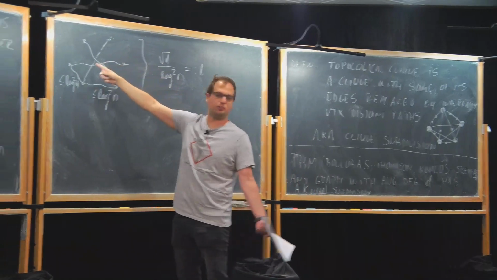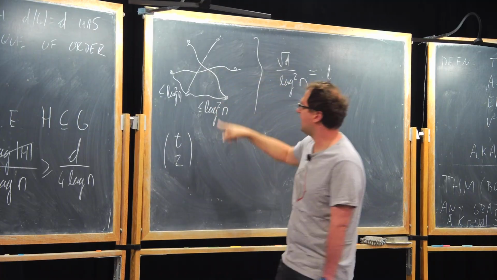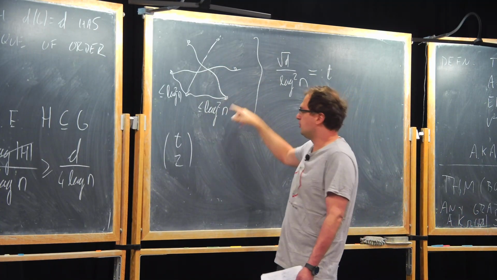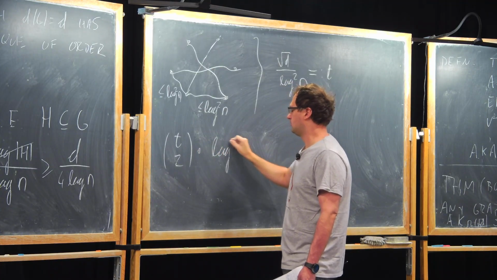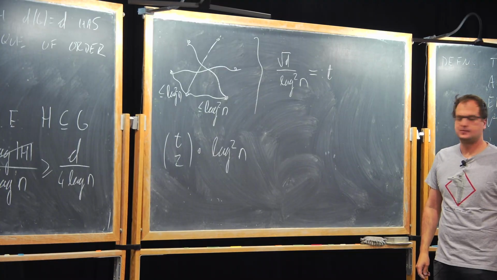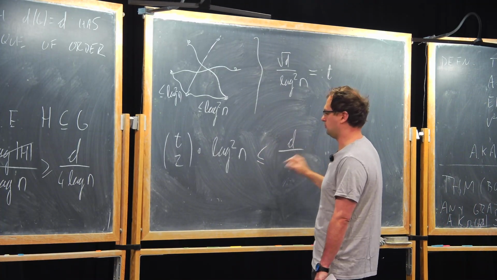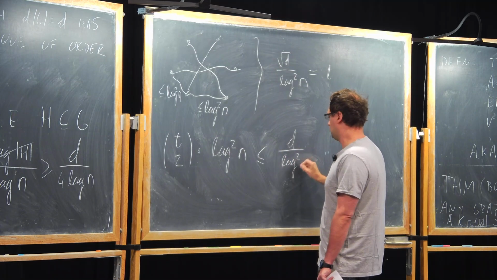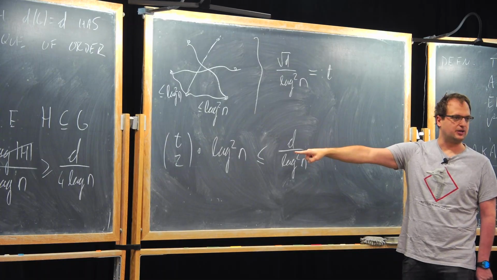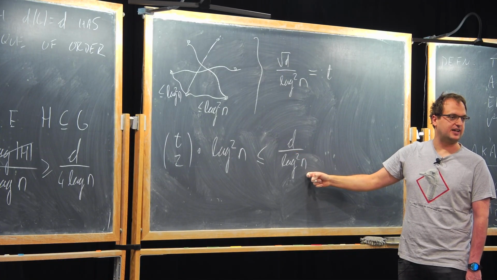Well, there's t choose 2 pairs. And how many vertices did we use across all of these paths at any point of this algorithm? Well, at most log squared n per pair, and this is less than or equal to d over log squared n. So t gets squared, we multiply by log squared n, and we get that this is the max number of forbidden vertices at any point in this algorithm.